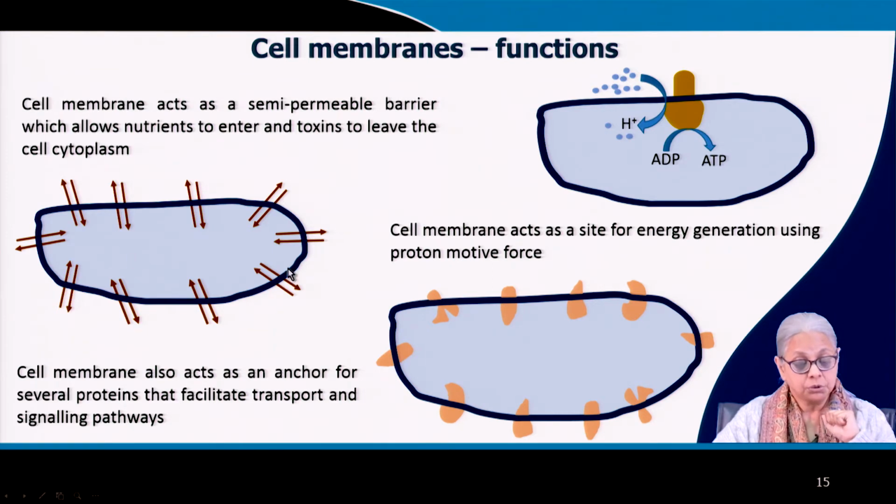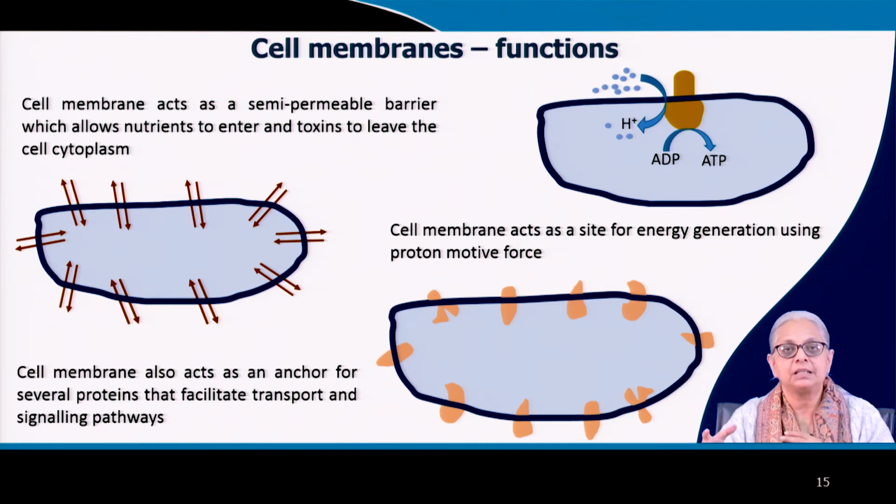I've already mentioned that it's the site for energy generation using the proton motive force. We will go into some detail about that in the subsequent lectures. Here we have ATP synthase, the site at which ATP is generated, and to generate ATP you need a proton motive force. Just like your dry cell which has electromotive force, in the bacterial cell you have a proton motive force.